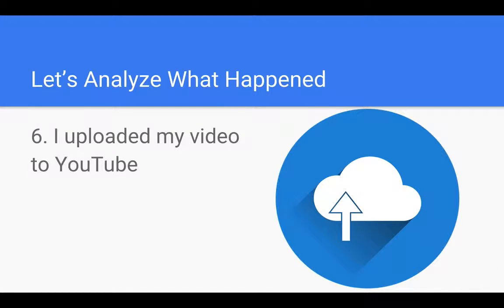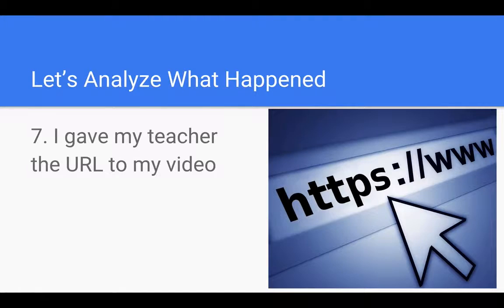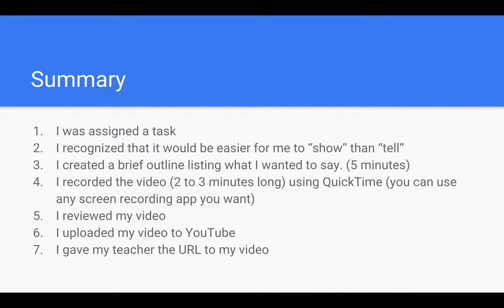And then I upload my video to YouTube, and again, because it's short, the file size is very small, so it uploads very quickly. And then I give the URL to my teacher, completing my work. So in summary, 7 steps to creating a short video that explains something that would take me many words to explain. I hope you found this useful.